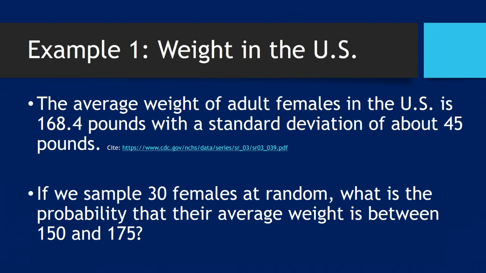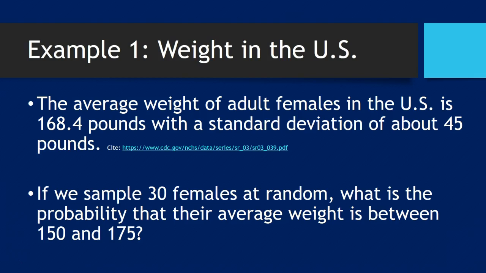Now, notice that who knows what the distribution looks like? It's probably not a normal distribution. If you can imagine weights of females in the United States, it's probably all over the place, and who knows what the distribution would look like.